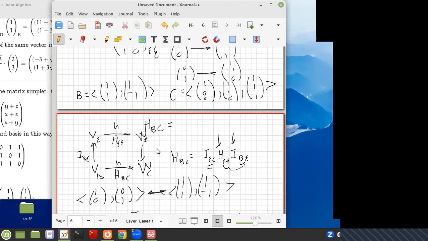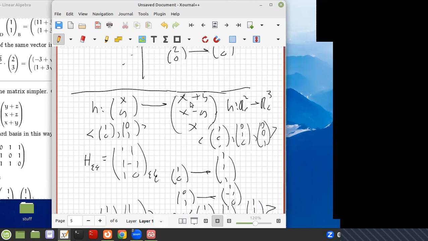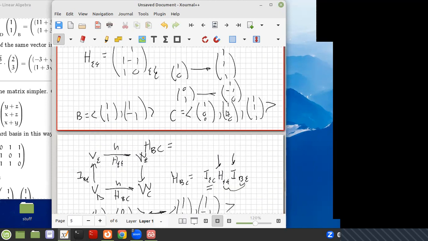Then we need the other one that goes from the standard basis to this one.